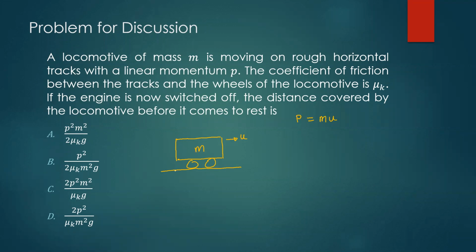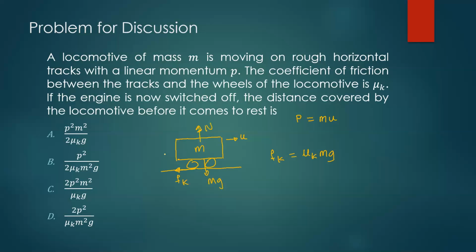Now, because of the friction force, it is going to stop. Because the engine is switched off, now the friction will take over. Here we're just treating the locomotive as a particle, a simple block. So the friction force, we know the normal force is mg, so the friction force would be mu k mg.